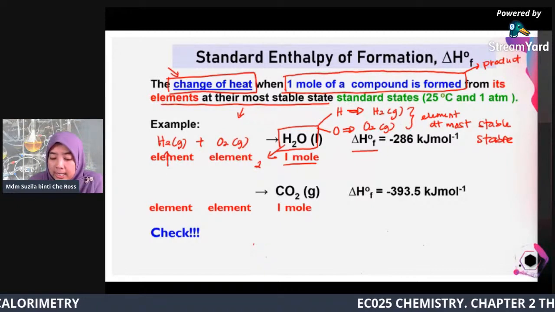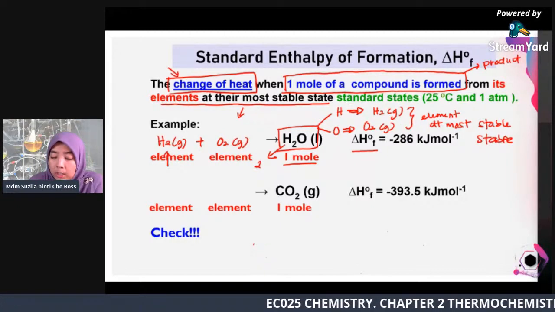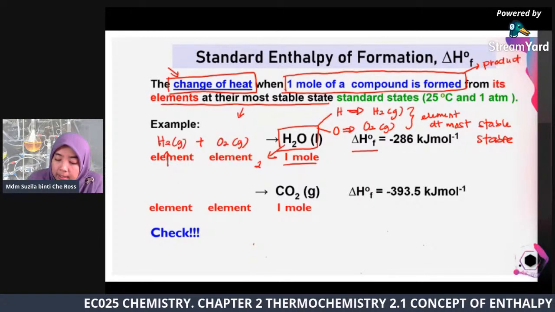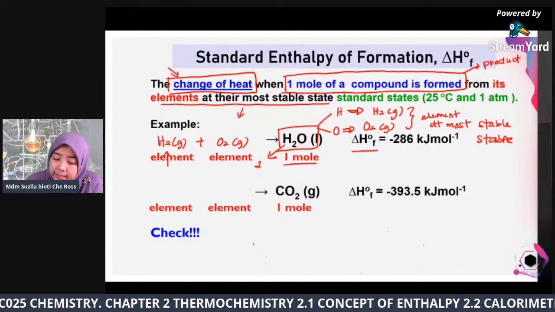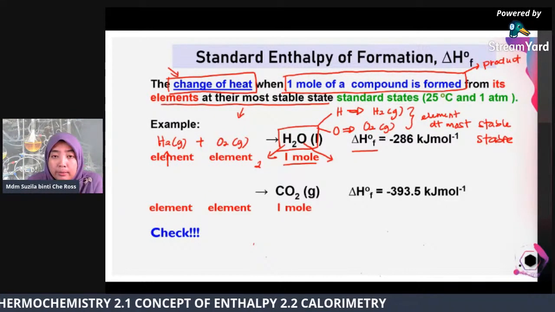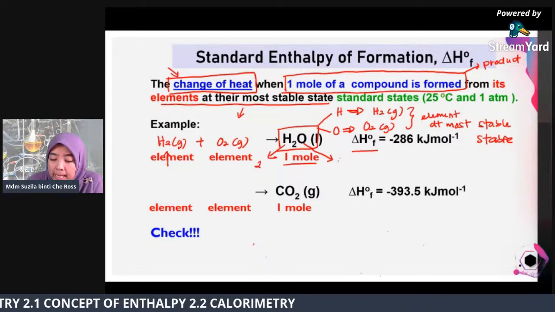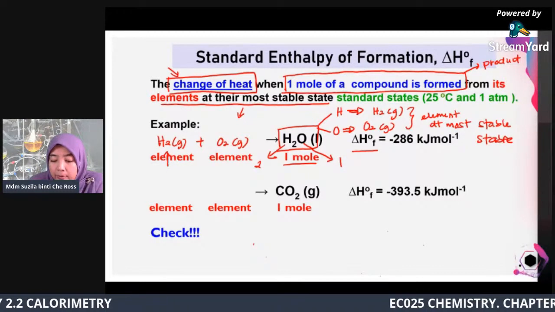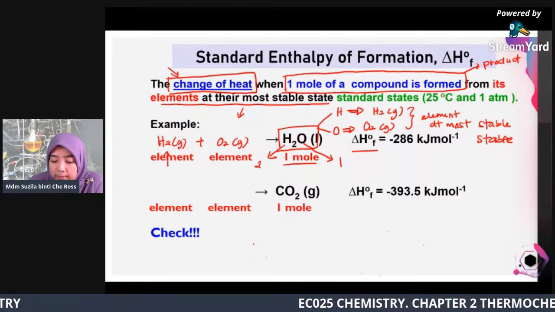Okay, and then oxygen. Oxygen here on the product side we have 1 mole oxygen, but at the reactant side we have 2 mole oxygen. Okay, so oxygen does not balance.